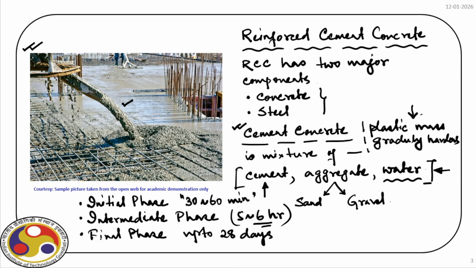With time, a chemical reaction between water and cement happens. Because of that reason, concrete gradually gets its strength. And then from day 1 up to 28 days, if it is properly cured, then at the end of 28 days, we get the proper design strength.